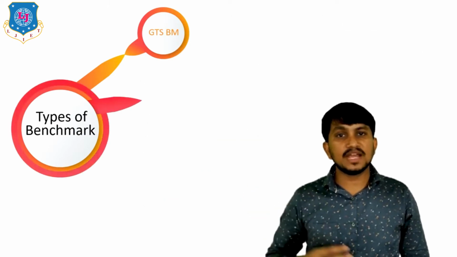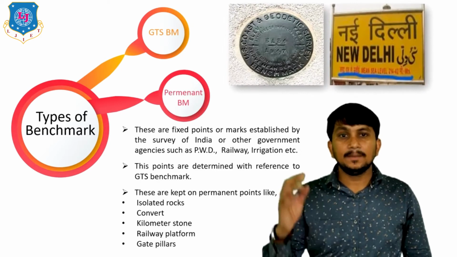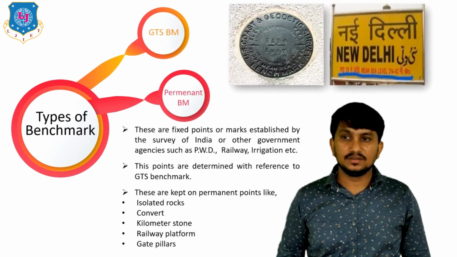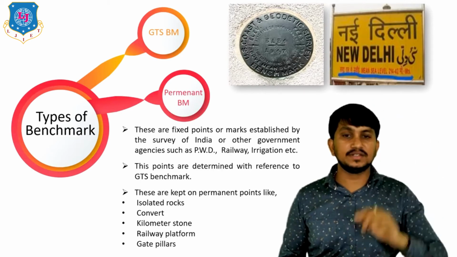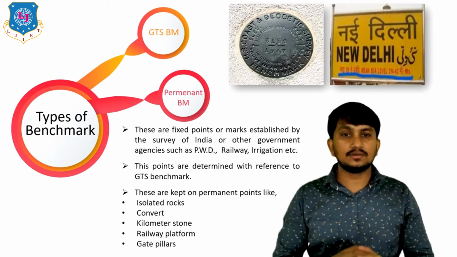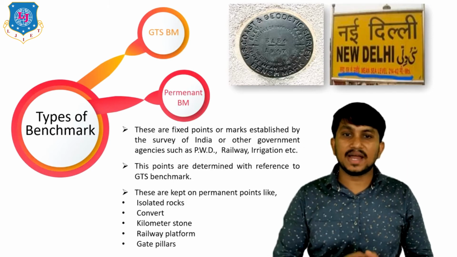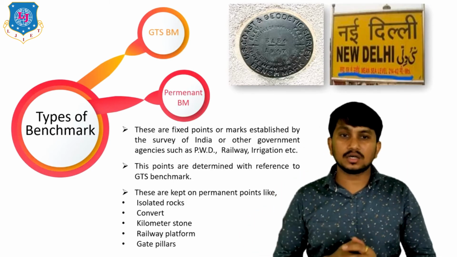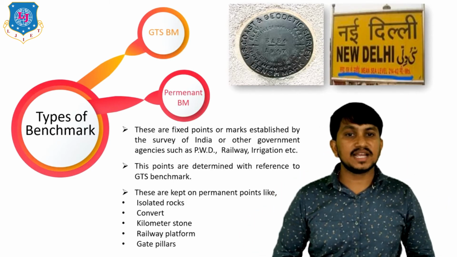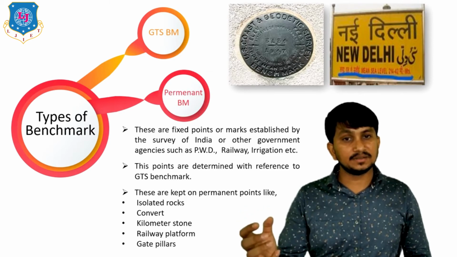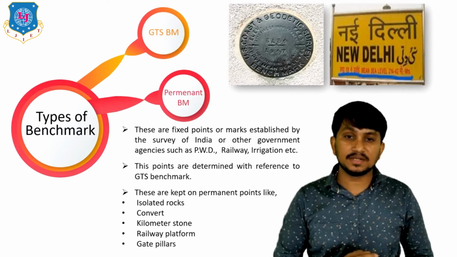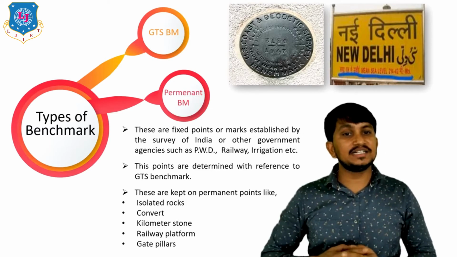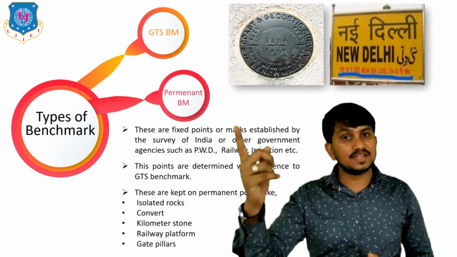The next type of benchmark is the permanent benchmark. You can see a number of permanent benchmarks in this figure. These are fixed points or markings established by the Survey of India Department or other government agencies such as the Public Works Department, Railway Department, Irrigation Department, etc. These points are determined with reference to GTS benchmarks.